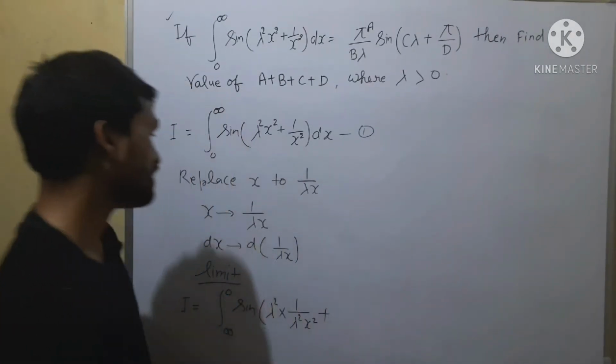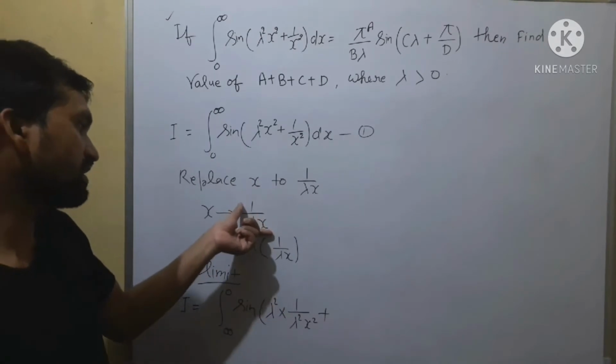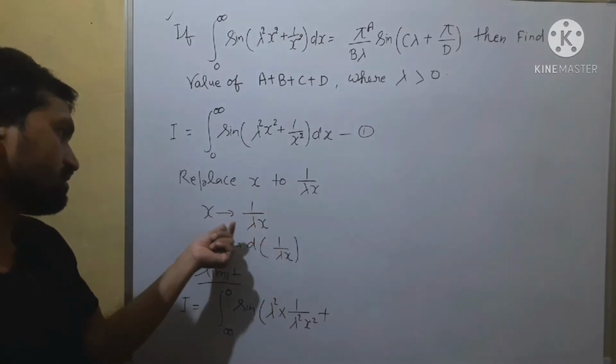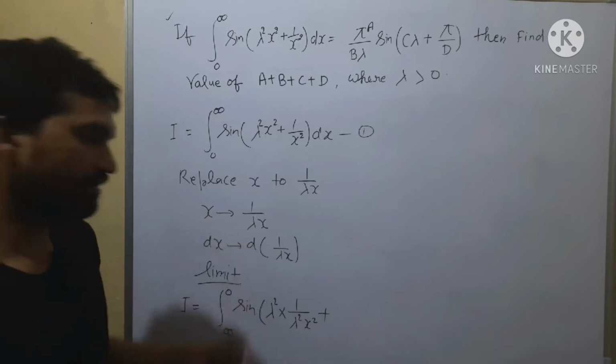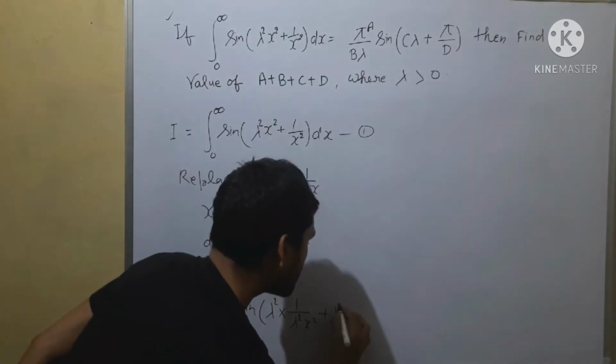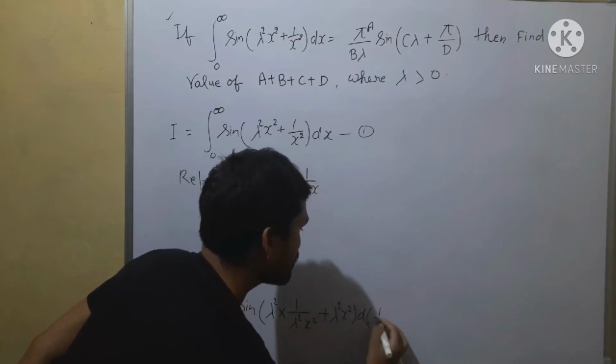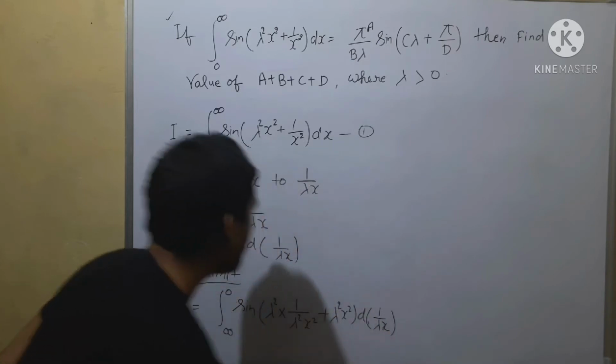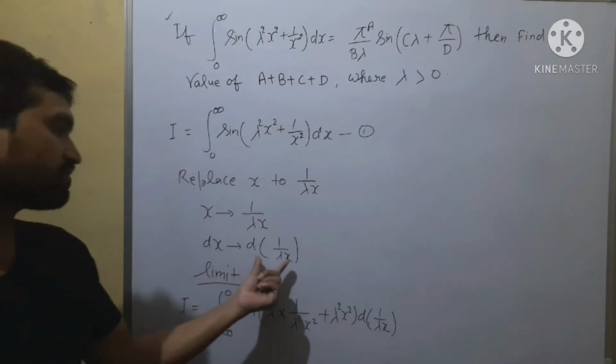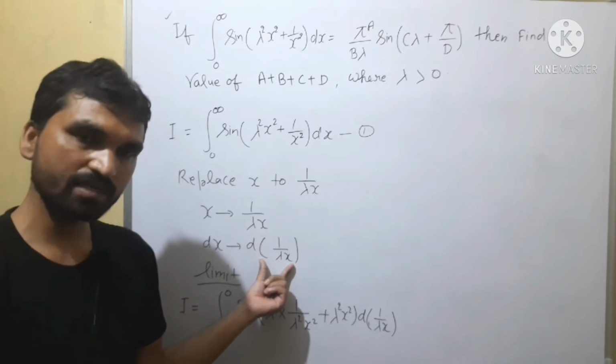And what will be the value of 1 by x? The value of 1 by x will be lambda x. We can see it here easily. So it will be lambda square x square, and this is d of 1 by lambda x, as dx is replaced by d of 1 by lambda x.